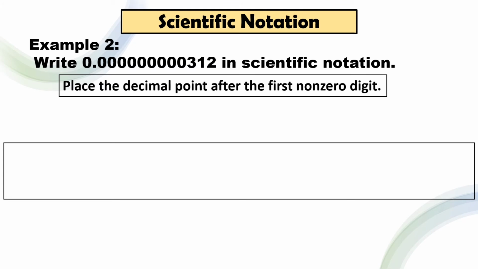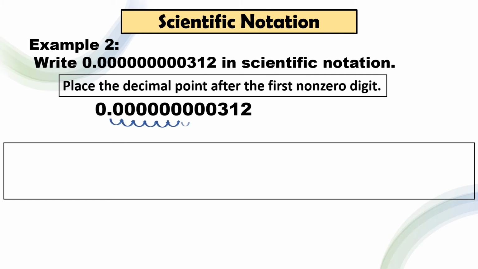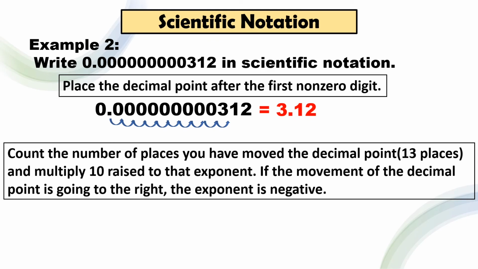Okay, again, same as the rule of example 1, place the decimal point after the first non-zero digit, and let us move the decimal point. So, 1, 2, 3, 4, 5, 6, 7, 8, 9, 10. So, nag-move tayo ng 10. So, that's why we have 3.12. So, nag-move tayo from left to right.